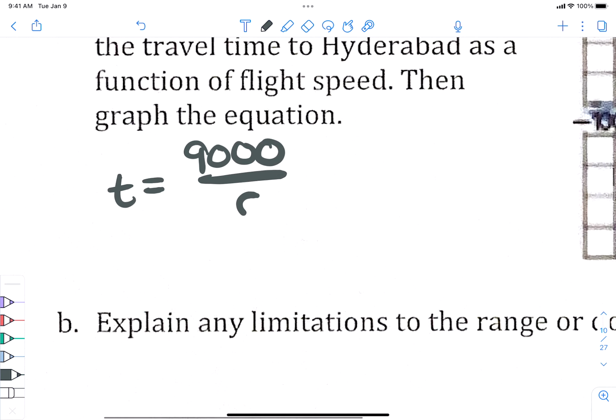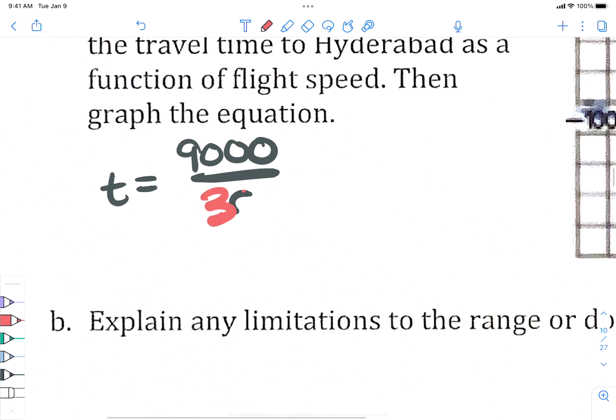Let's say that you're going 300 miles an hour. Let's say our rate is 300. How long is it going to take you to get there, assuming that you're not going against the wind or anything like that? How many hours does it take you to get there? 30 hours, right? 9,000 divided by 300, 90 divided by 3 is 30 hours.